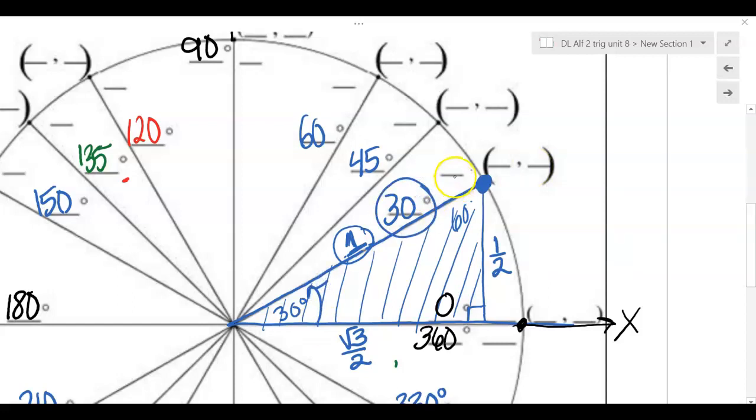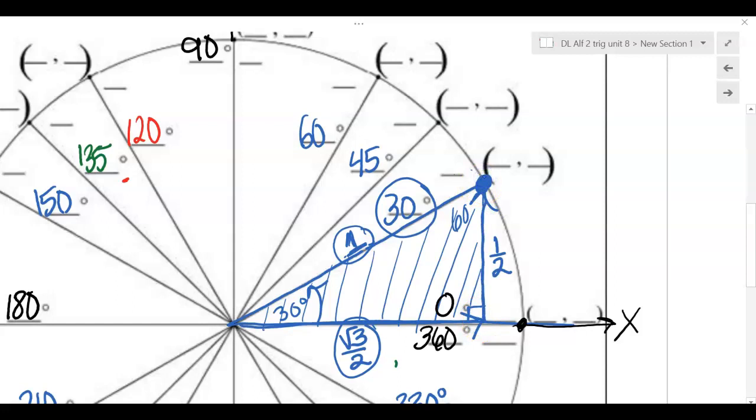We'll also name the angle in radians, but we'll learn that after spring break. The other way to get here is with x and y coordinates. Like, what are the coordinates to land at that point on the x and y coordinate plane? And what you have right here, this rad 3 over 2 tells me you have to go over to the right rad 3 over 2, and then you have to go up 1/2 to get to this point.